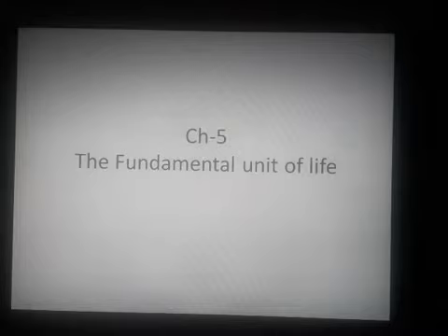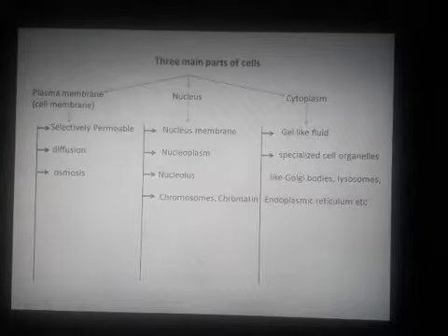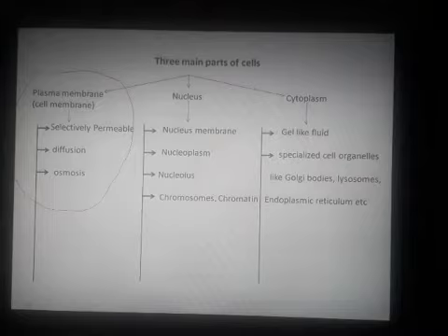And as you know, there are three basic parts of a cell: plasma membrane, nucleus and cytoplasm. We have gone through the plasma membrane, and as you know, it is a selective membrane and it performs the process of diffusion and osmosis. So the plasma membrane part we have already done.